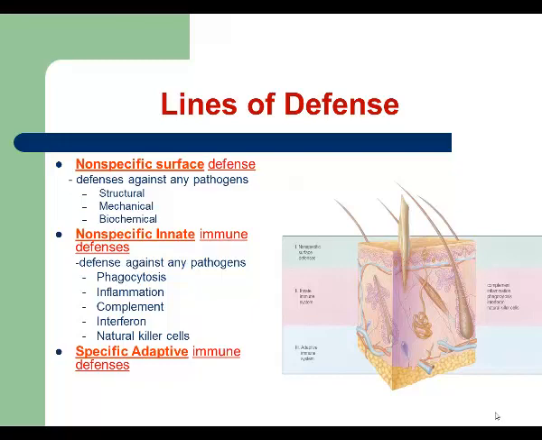And finally, the last line is specific adaptive immunity. As you see, this is the only specific line in our immune system, and it's represented by T cells, B cells, and antibodies that are produced by B cells.